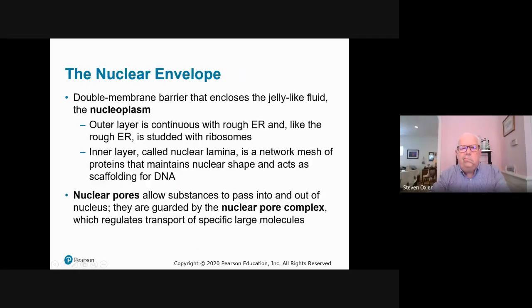The fluid that is inside the nucleus is basically called the nucleoplasm, the cytoplasm of the nucleus. And that's basically all you have to know about that. But in the nucleus is your DNA. And I also told you that the DNA is also in your mitochondria.